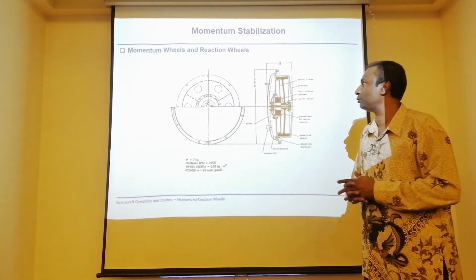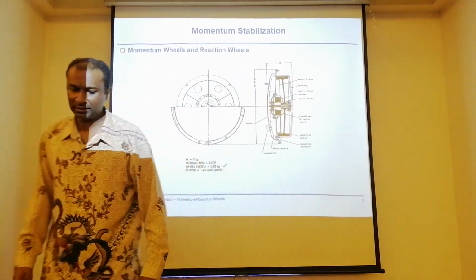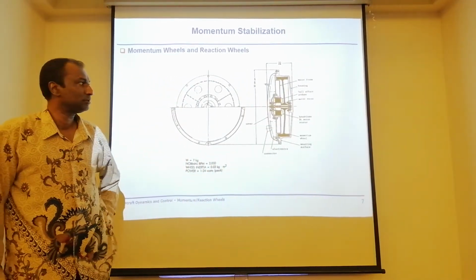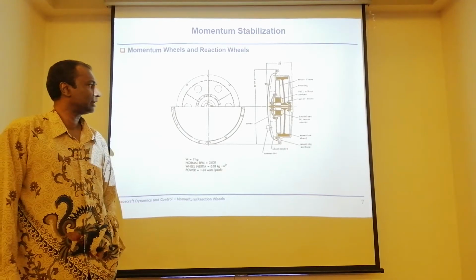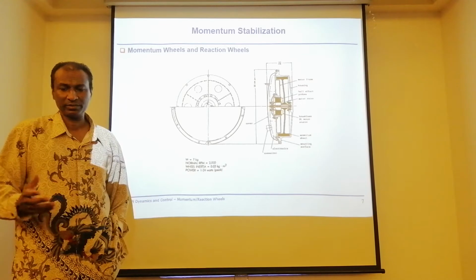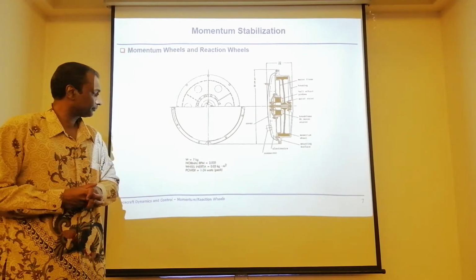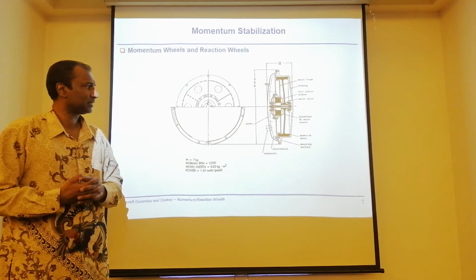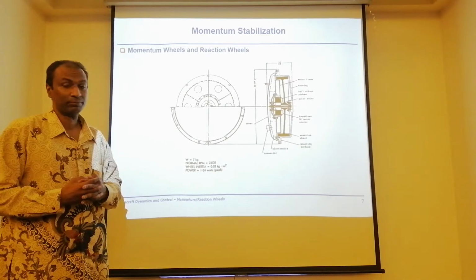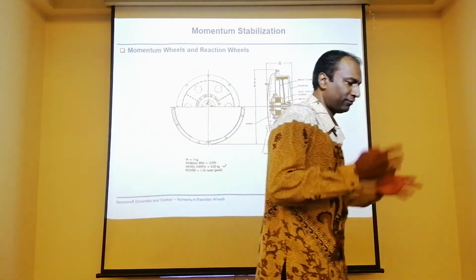All right, momentum wheel and reaction wheel. You can Google this up. One of the important suppliers of reaction wheels or momentum wheels is Talbix. This is from Talbix. It is a quite robust and flight-proven wheel. There are a few other brands as well.